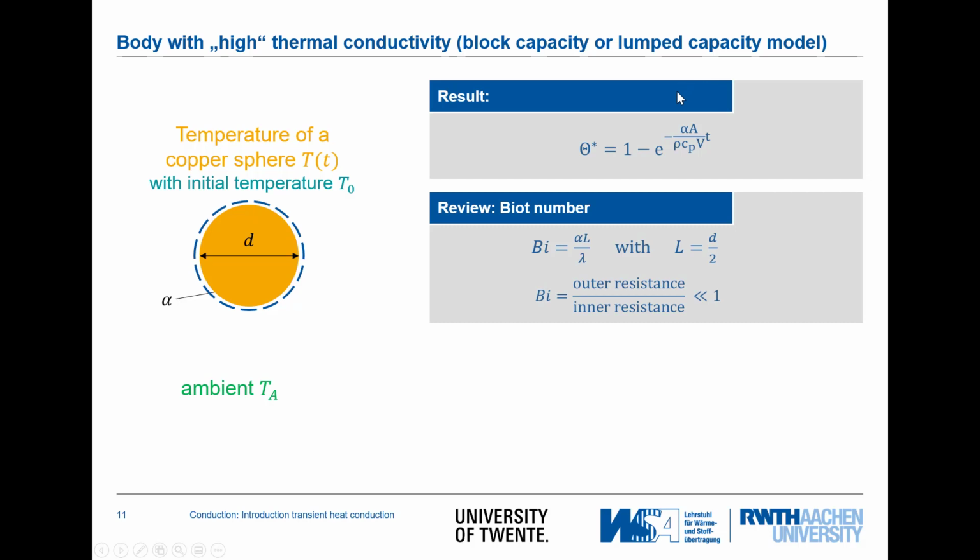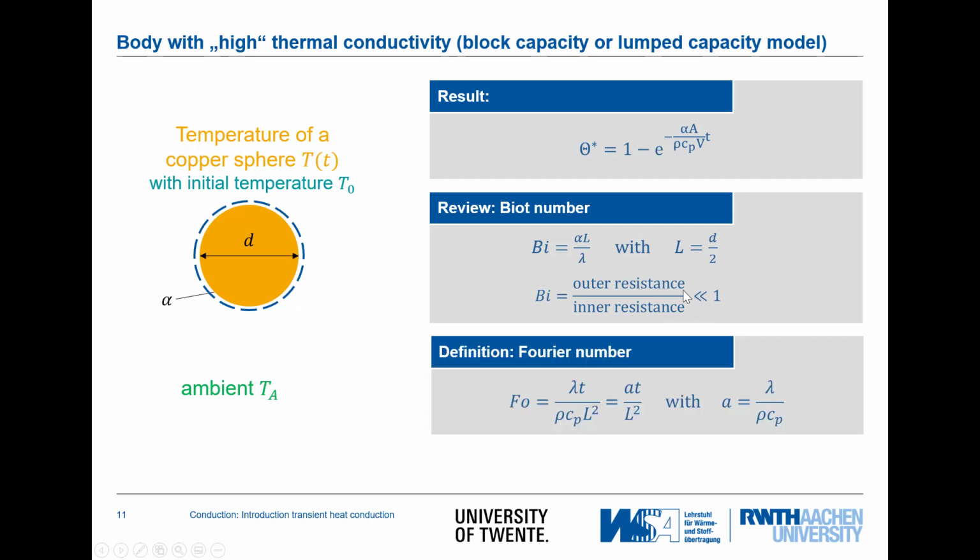Now, this is all in dimensional space. I would like to rewrite this equation in dimensionless space, and for that we have to look at the dimensionless numbers that are relevant. The first one we already had, that's the Biot number, which describes the ratio between the resistances on the outside and the inner side, and we assume that the Biot number is small for our problem.